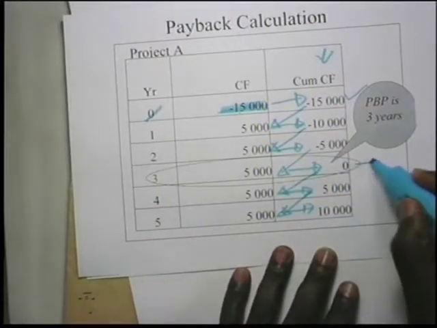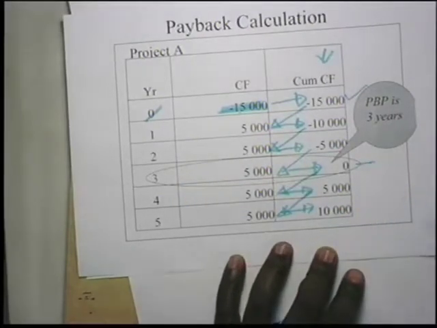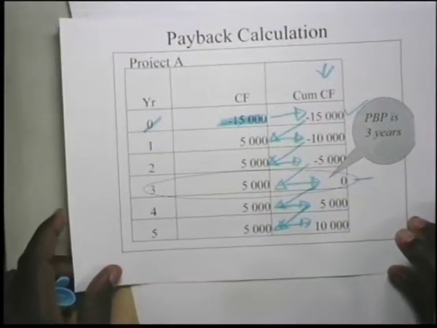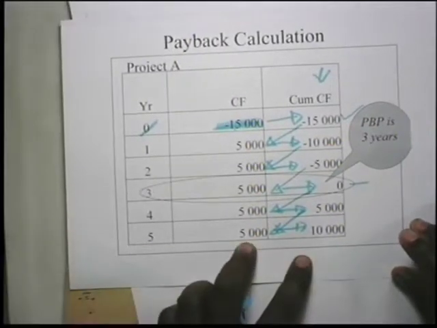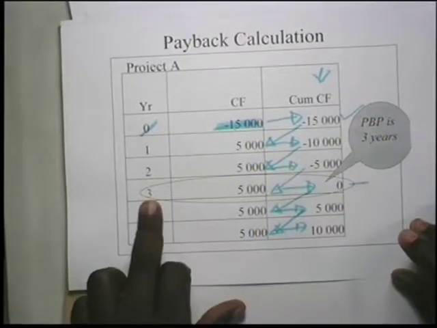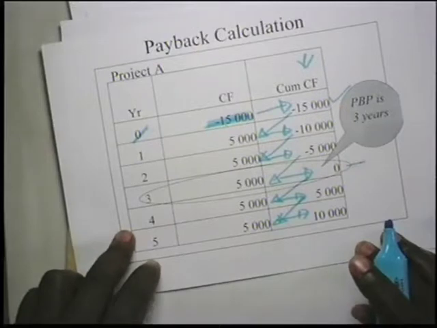So this third year, I've put a circle there, I hope you can see it. That's where our payback period is. In the case of this problem for project A, our cumulative cash flow of 0 is found in year 3. Therefore, our payback period is 3 years.